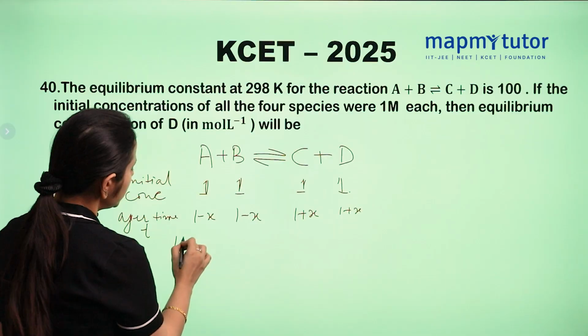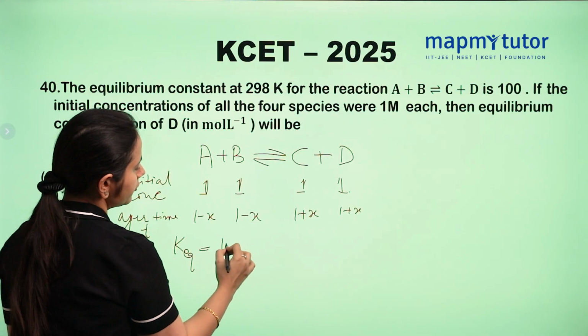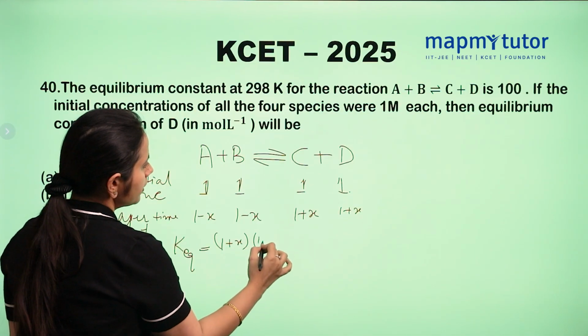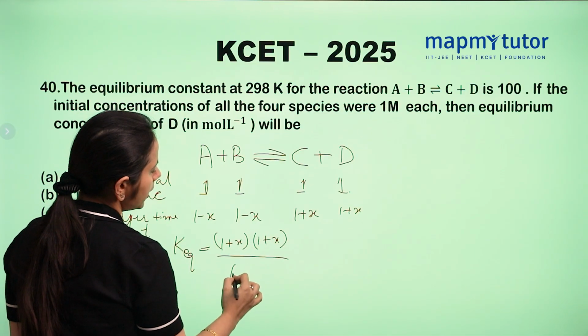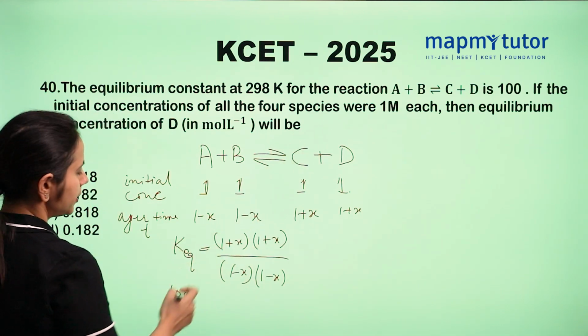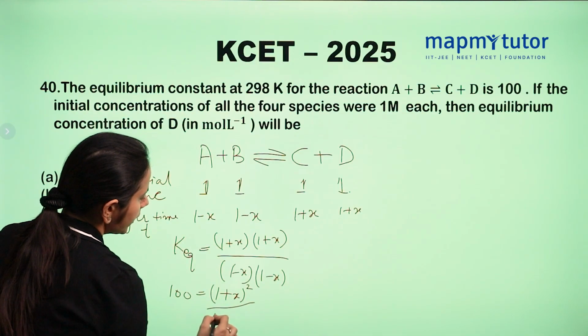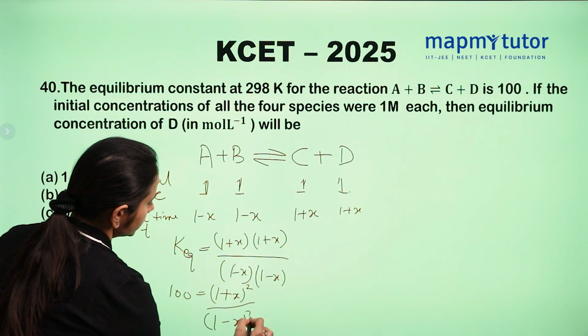For equilibrium, we will write product over reactant. So it is (1 plus x) by (1 minus x), (1 minus x). The value given for equilibrium is 100. So it is 100 equals (1 plus x) whole square by (1 minus x) whole square.